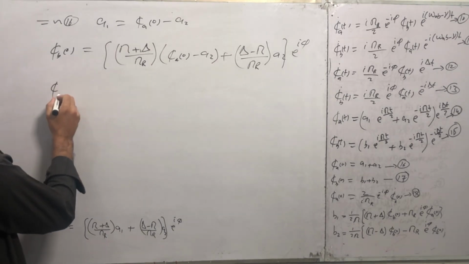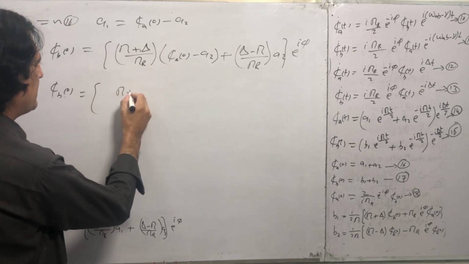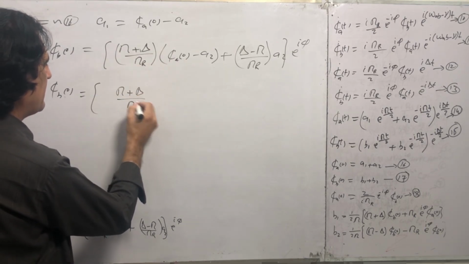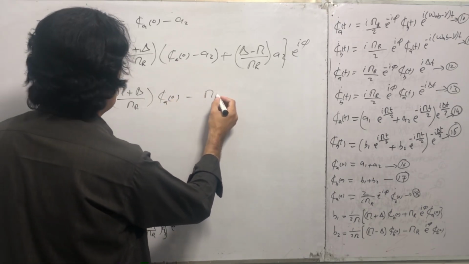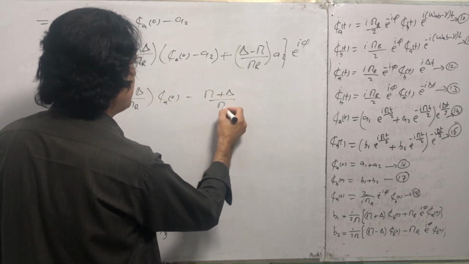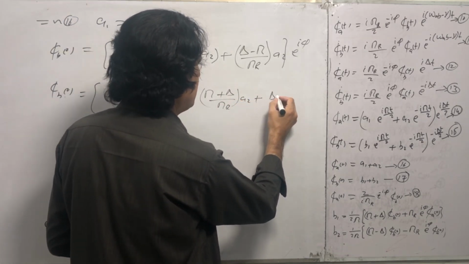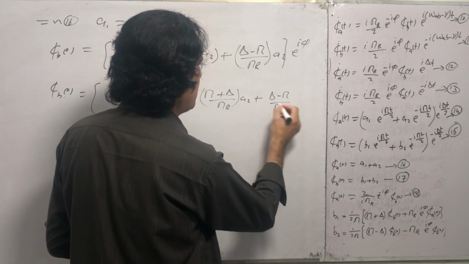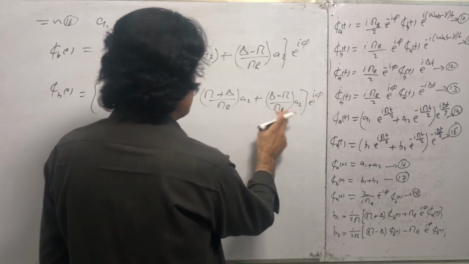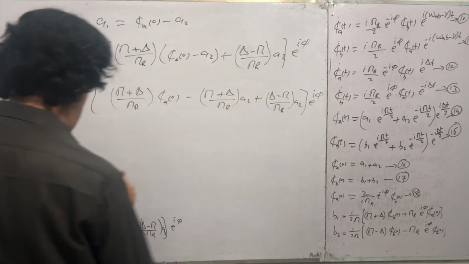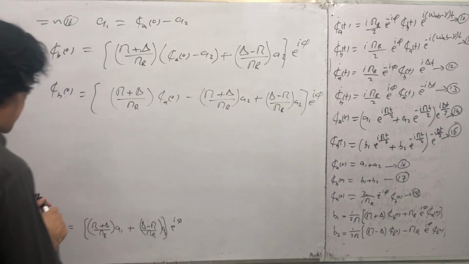Further, CB of 0, multiply this with this: omega plus delta divided by omega r into CA of 0 minus omega plus delta divided by omega r A2, plus delta minus omega divided by omega r A2 and e to the power iota phi. So A2 and A2, then we can take common.